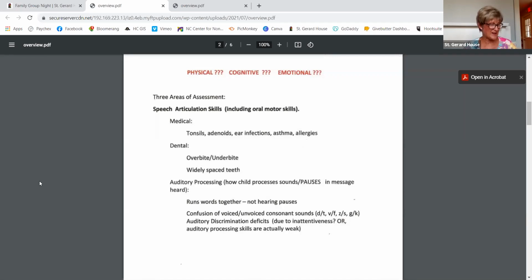The next thing on our list here is the auditory processing. And many of the children that I work with, a lot of times do not process information that they hear completely. And they might hear the last 2 or 3 words that I say. And so I'm trying to ask different questions to make them listen.